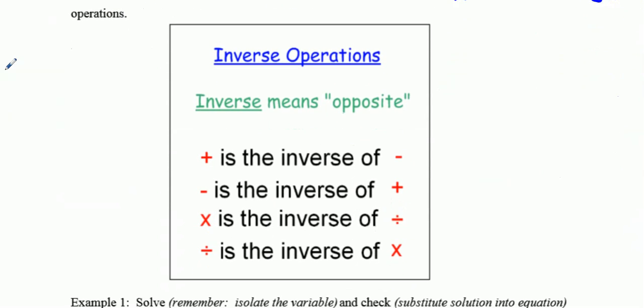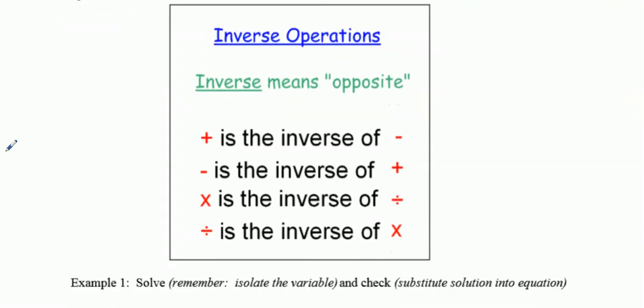All right, so let's talk about that. Inverse operations in math: if you have addition, then the inverse of that is subtraction. If you have subtraction, the inverse of that is addition. If you have multiplication, the inverse of multiplication is division, and if you have division, the inverse of division is multiplication.